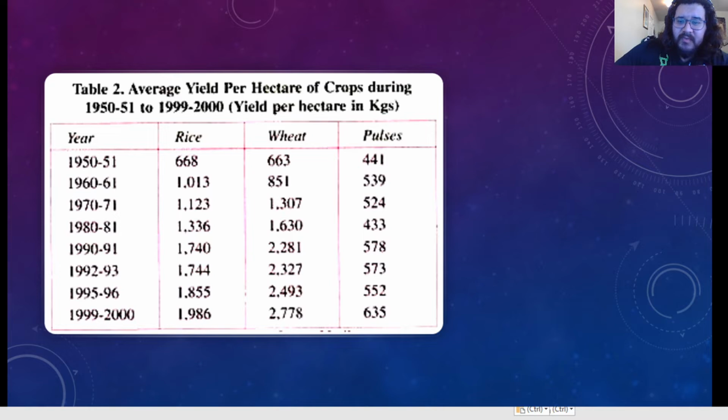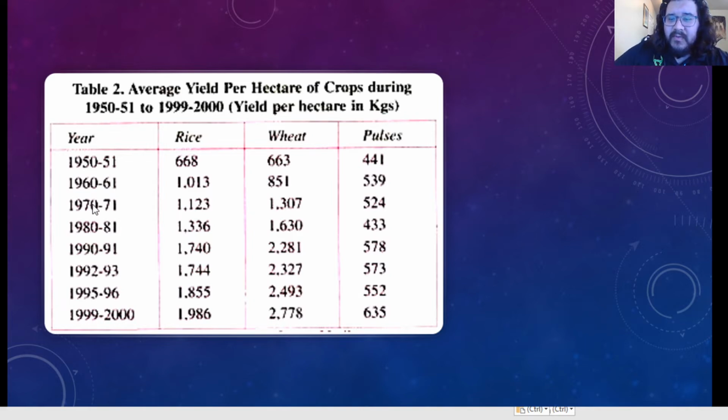So we see these crop yields developing, from 668 kilograms per hectare, which is the unit we use to measure agricultural spaces.